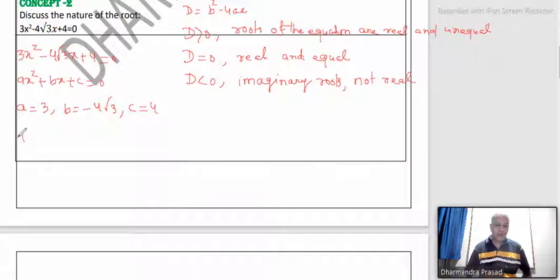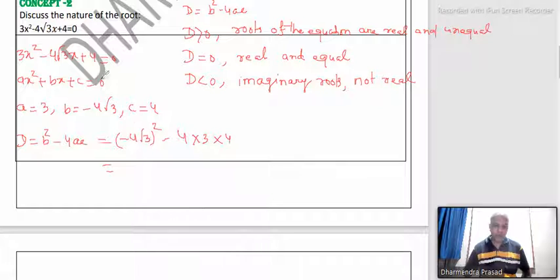So first you have to find D. D means b square minus 4ac. B is minus 4 root 3 square, minus 4, a is 3, c is 4.